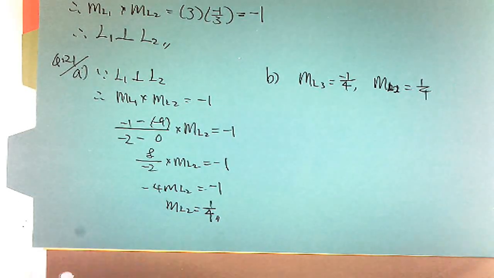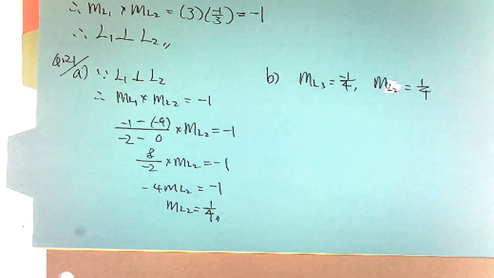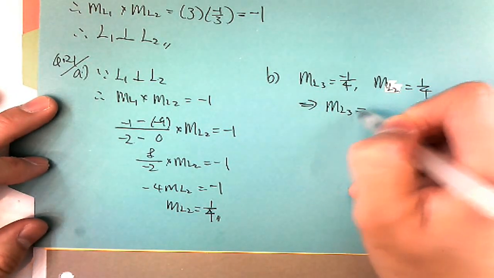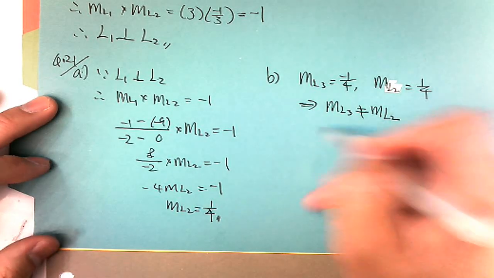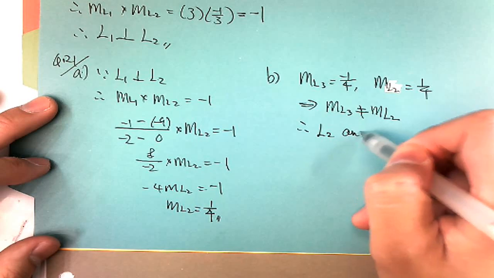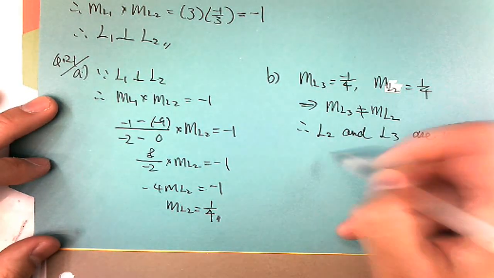Are they the same? No, okay, no. They're not the same, right? So you have mL3 not equal to mL2. So L2 and L3 are not parallel.